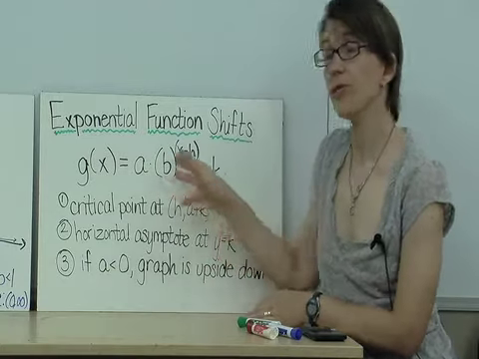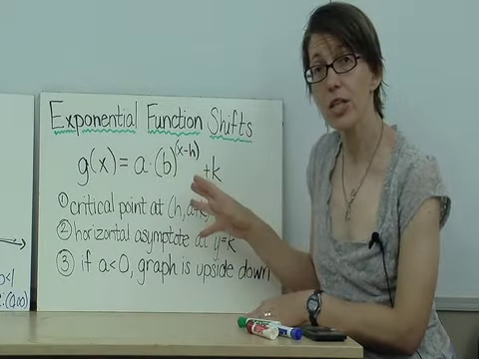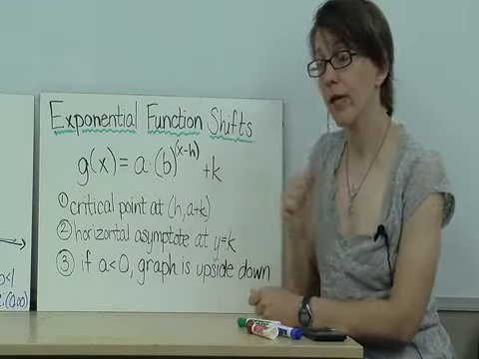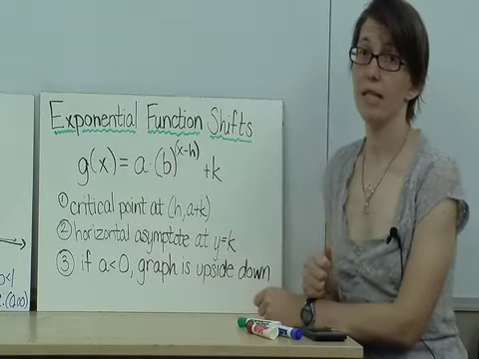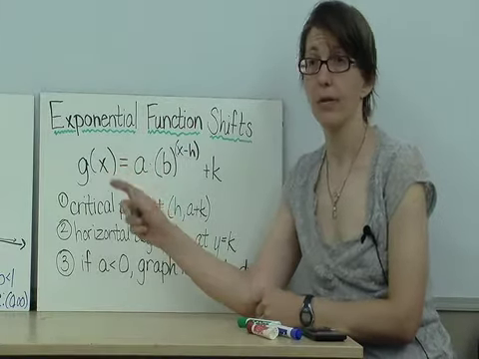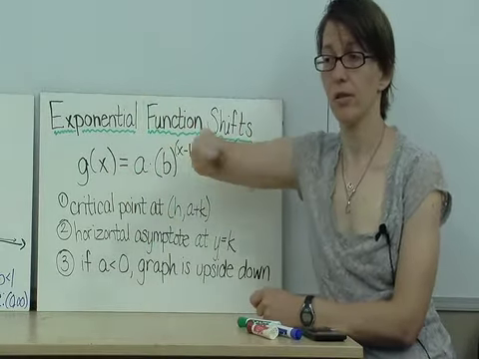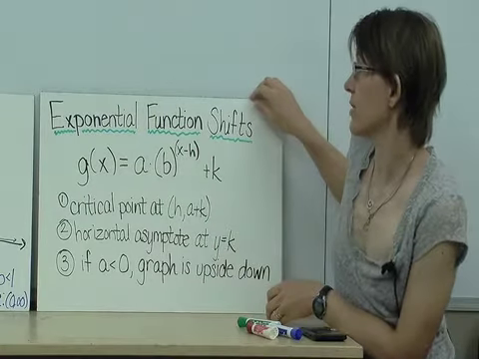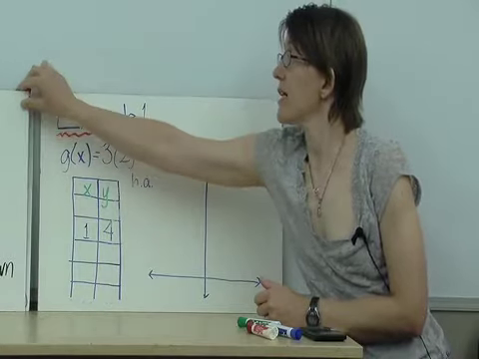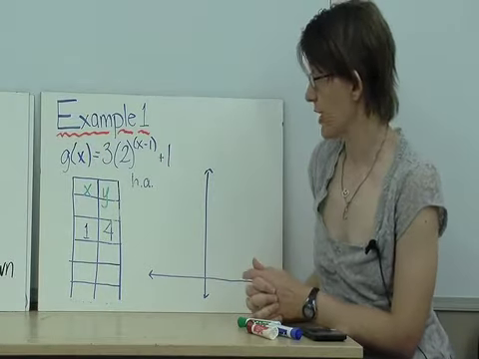So when you look at your first exponential functions, you should first be determining: where's my critical point, where's my horizontal asymptote, and is my graph opening up or down? Does it go like this or does it go like this? So we're going to do a few examples of this exponential function shift.